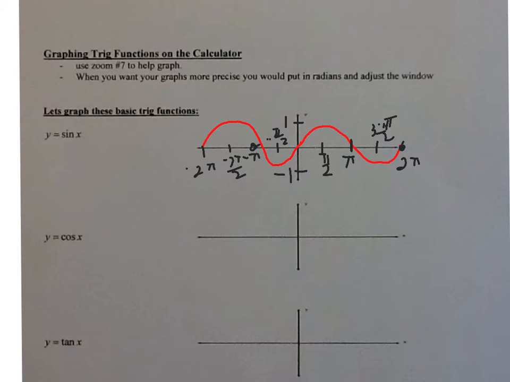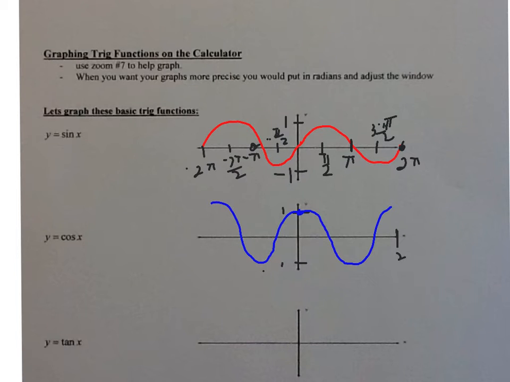Okay, so let's graph cosine. Go back into y equals. Hit y equals cosine x. Hit graph. And again, that's going to 1 and negative 1. You can see the graph on your calculator. So it looks like this. Okay, and let's label the ends.